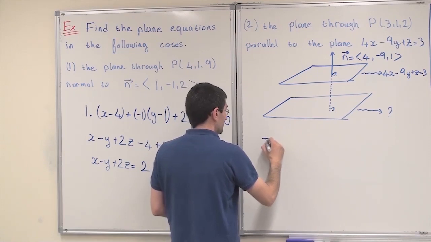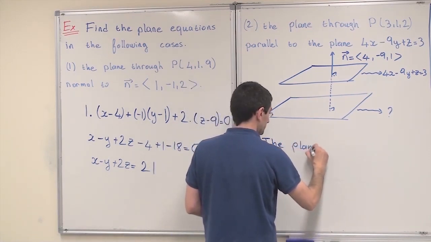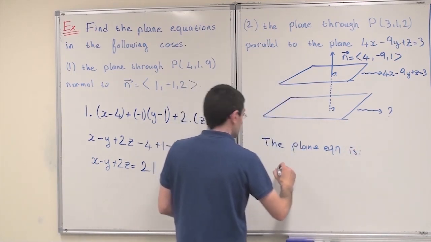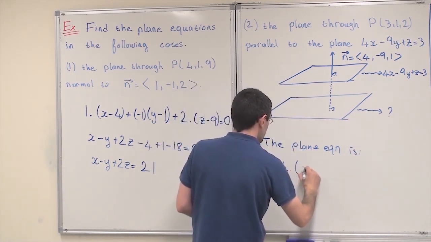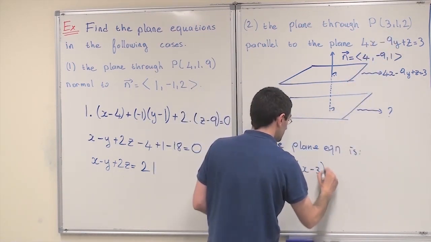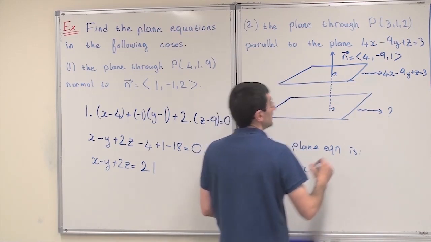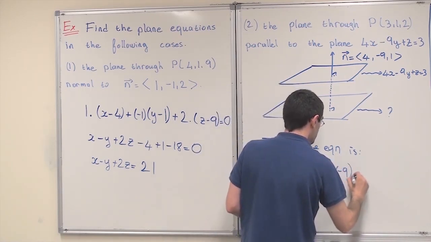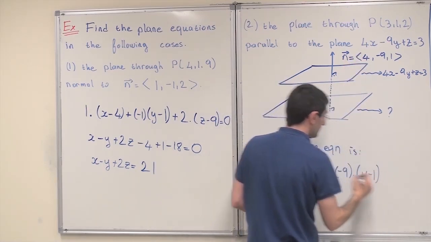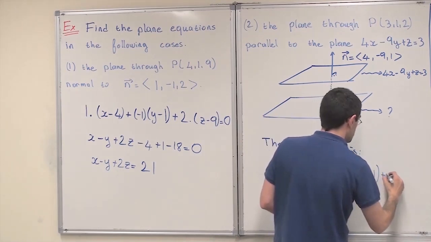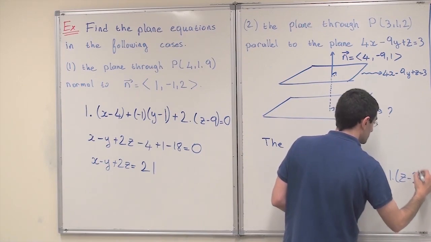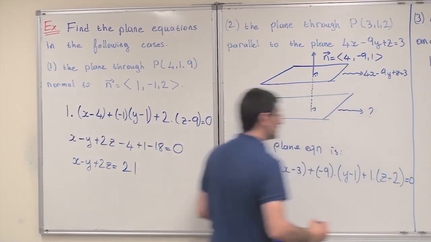Then the plane equation is 4 times x minus the x coordinate of the point, minus 3, plus negative 9 times y minus the y coordinate of the point, 1, and plus 1 times z minus the z coordinate, which is 2, is all equal to 0.